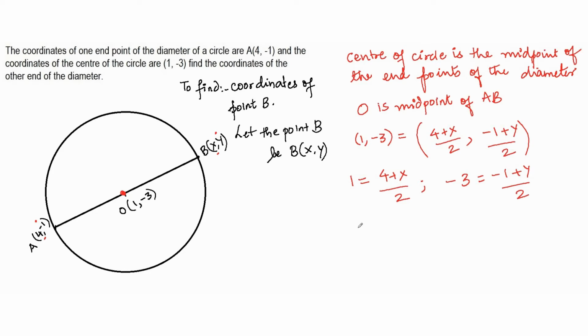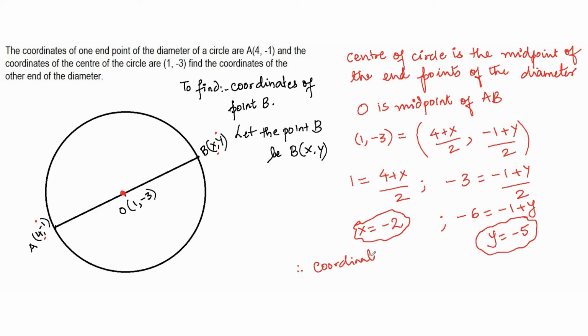Solving this, I get x equals negative 2. The 2 goes here for cross multiplication and 4 goes for subtraction. And over here minus 6 is equal to minus 1 plus y, which means y equals minus 5. Therefore the coordinates of B are negative 2, negative 5.